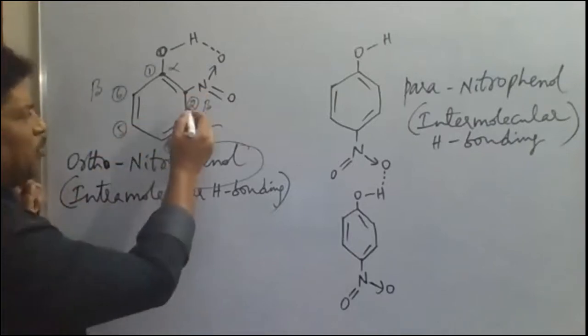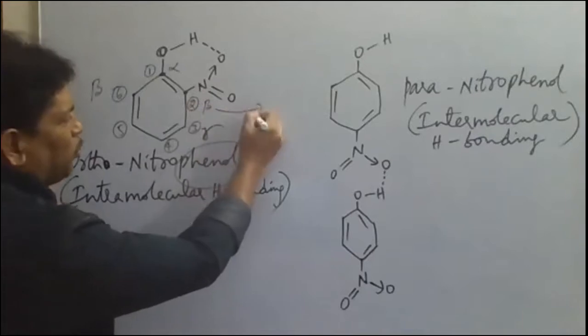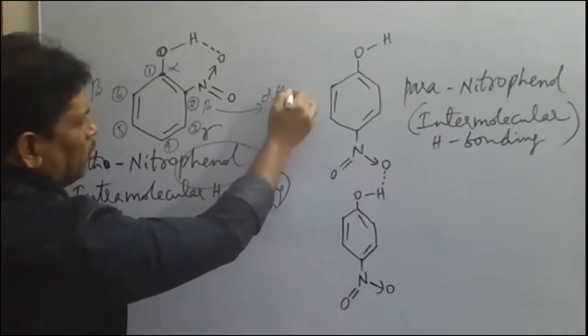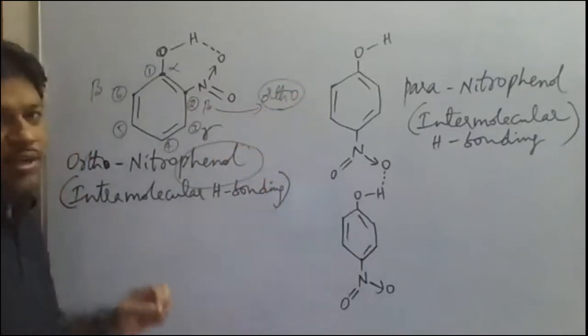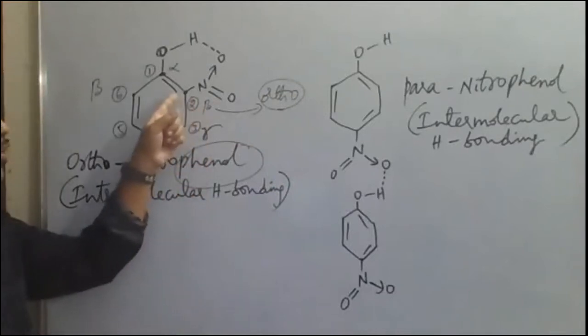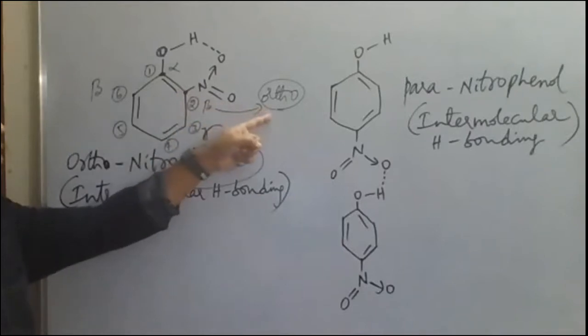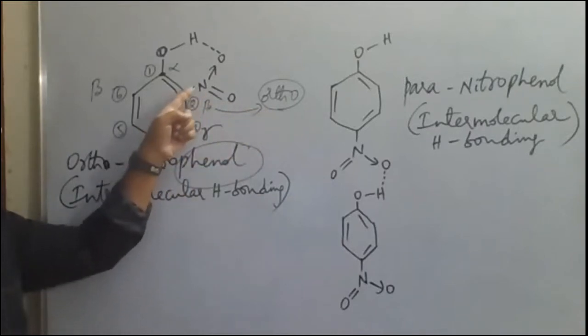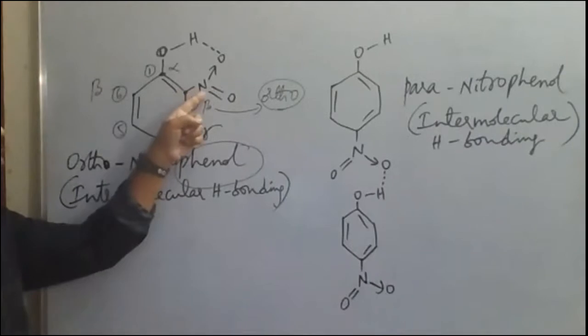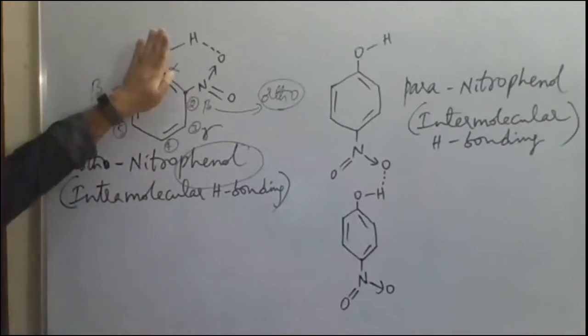And the second position is also called the ortho position, I told you. The ortho position means the second carbon position of the benzene ring. So we can say ortho nitro, beta nitro, 2-nitro.